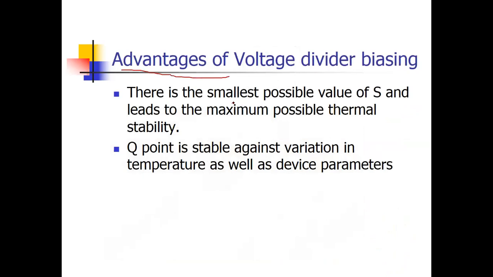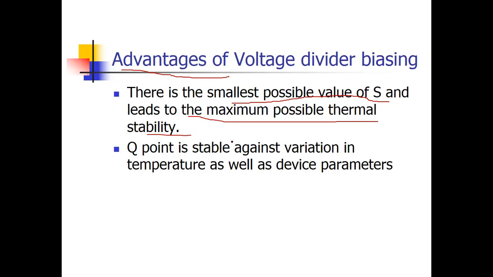It means we are getting the smallest value of S, which leads to the maximum possible thermal stability. A thermal stability issue was there in the fixed bias; there was no thermal stability, but in this case, it will have the maximum possible thermal stability.